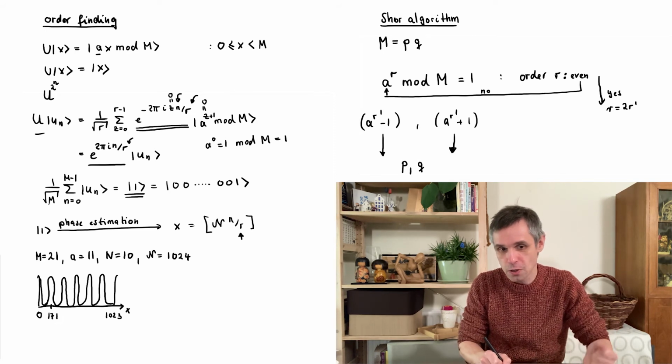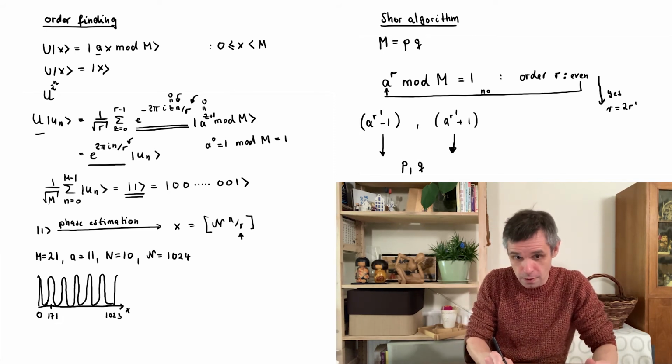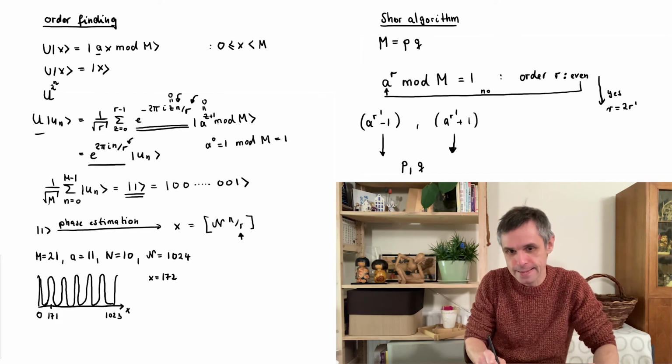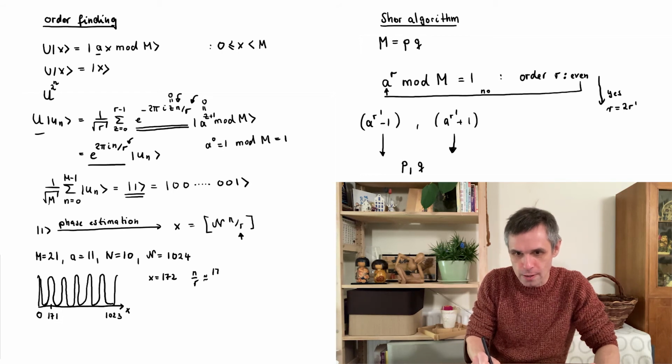And then just for illustration, if your measurement, for instance, returned the value x equal to 172, which is close to this, just to illustrate that it doesn't need to come out exactly like this, then this would tell us that n over r has to be close to 172 divided by 1024.